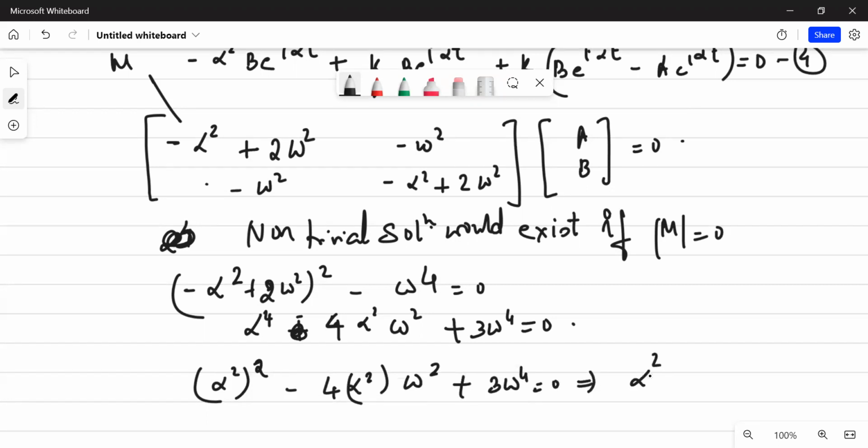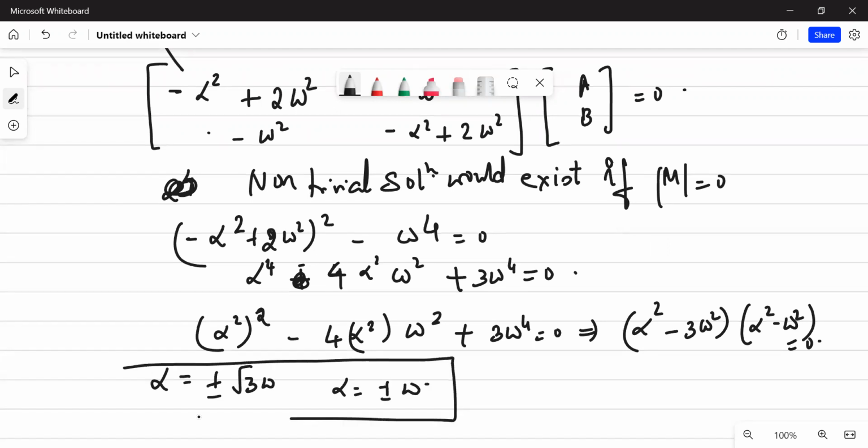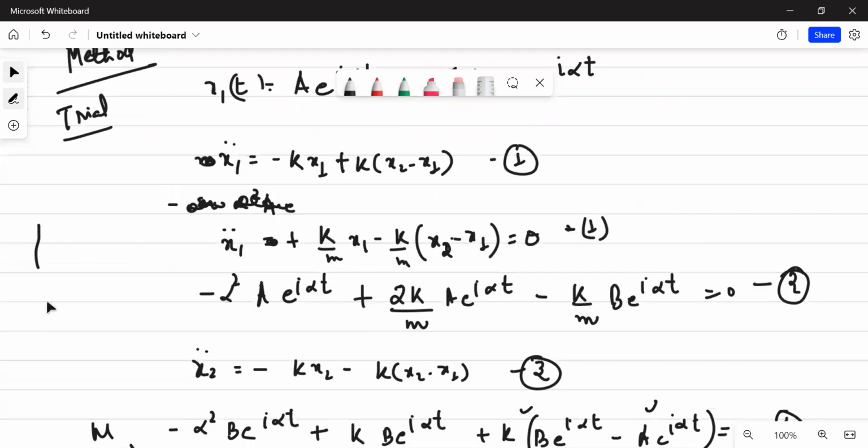It means alpha square minus 3 omega square, and this will be alpha square minus omega square. So this is like alpha is equal to plus minus root 3 omega here, or alpha is equal to plus minus omega. Is that clear? ये समझ में आ गया बेटा? ठीक है. Yep. So these are the roots which we also got from our other way of solution.